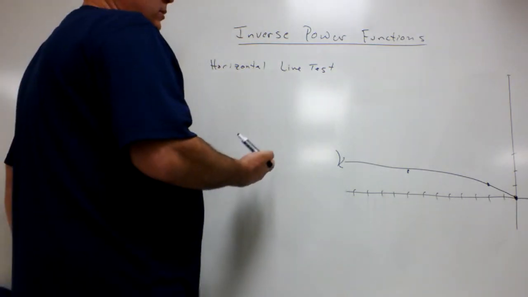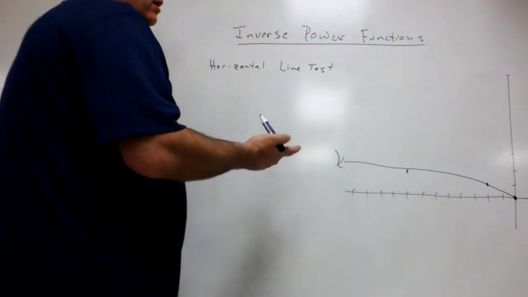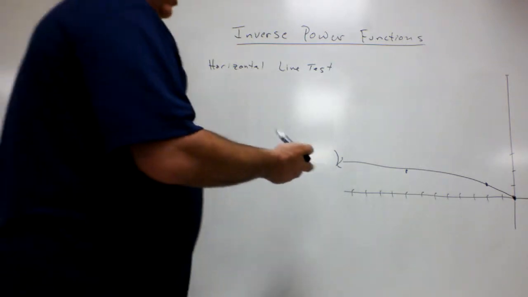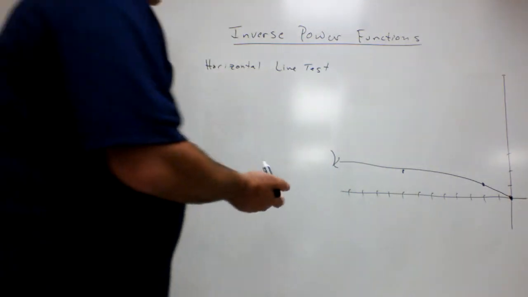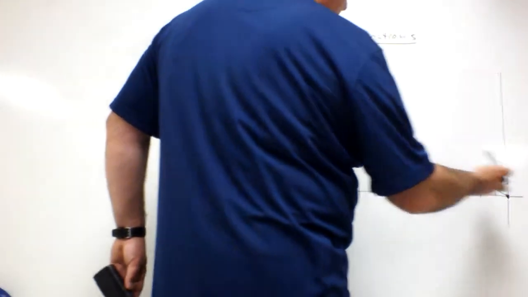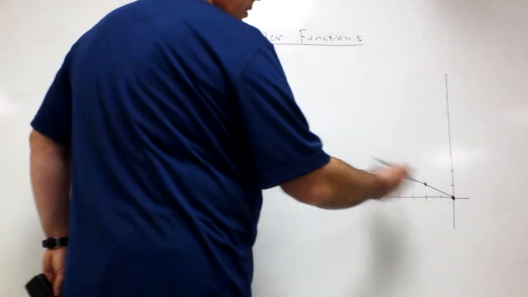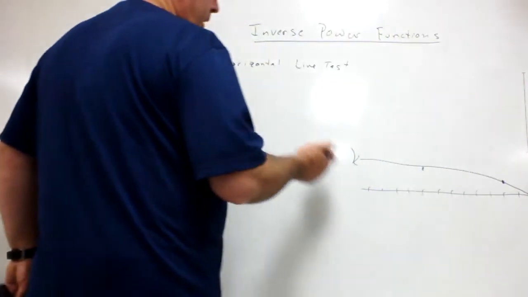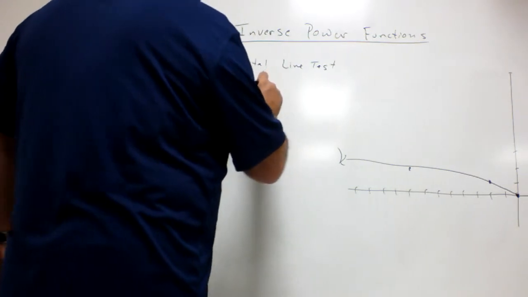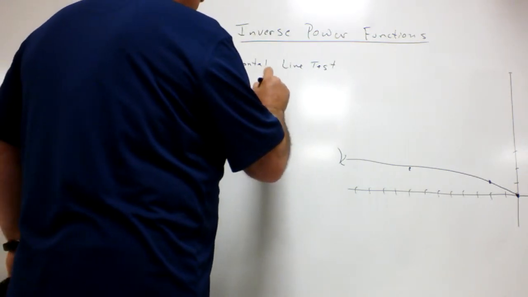Well, here we're going to do a horizontal line test, and if it passes the horizontal line test, then it's a function. So if we go horizontally to here, you can see that the graph isn't going to double over itself, so it does pass. It is a function. So it passes.